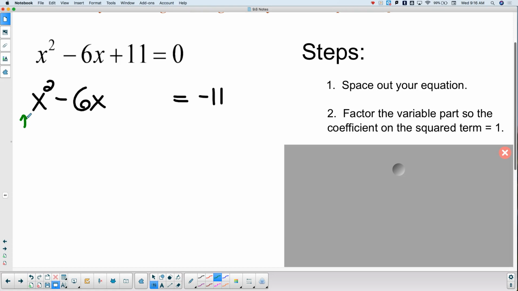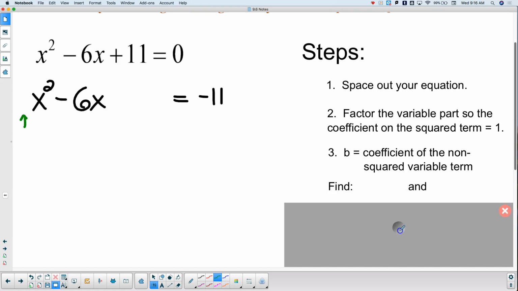And when that is done for you, step number 3 says now you're going to look at the b term, or the b number. And b is the coefficient of the non-squared variable. So b in this particular case is -6.